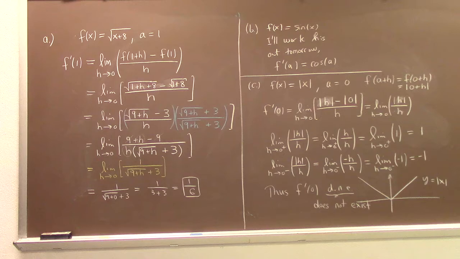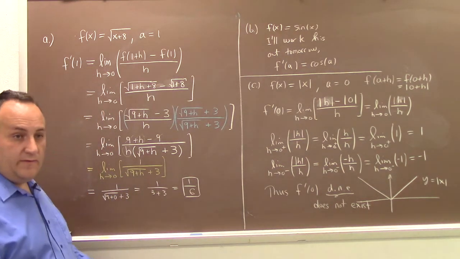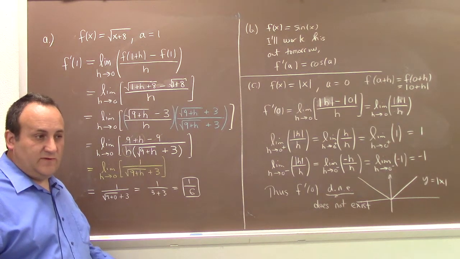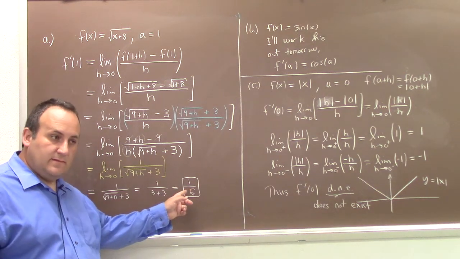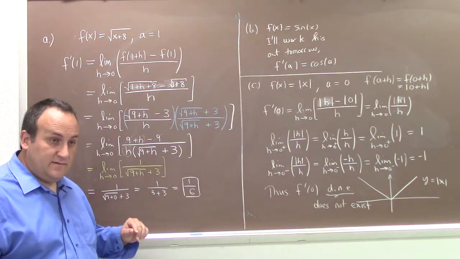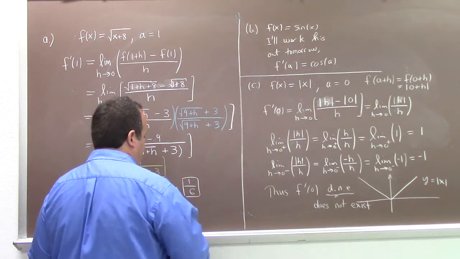Does it make sense? What we found numerically? Part A. What were the values in the table? You had like 0.166 stuff, right? What is 1/6 as a decimal? Do you know? No, 1/6 as a decimal number. Let's see here.